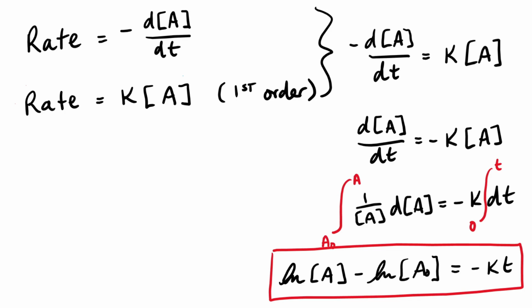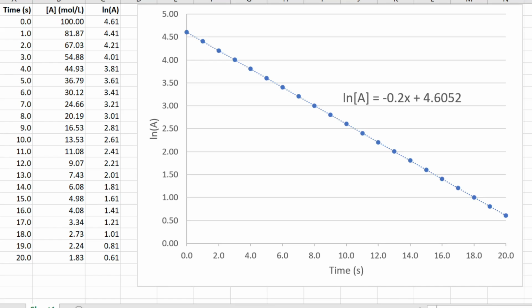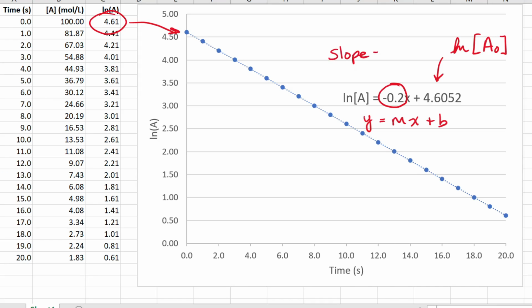Let's explore some of the things we can do with this. First, in the linear form, which matches y equals the slope times x plus the y-intercept b, this tells us that if we plot ln A on the y-axis and time on the x-axis, then the amount at time equals 0 is the amount that we started with, which makes sense, and the amount lost over time is driven by the rate constant k, which shows up here as a negative slope.